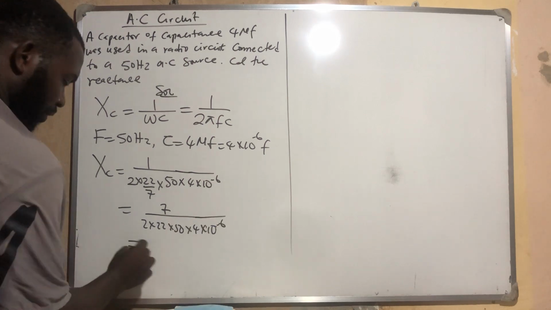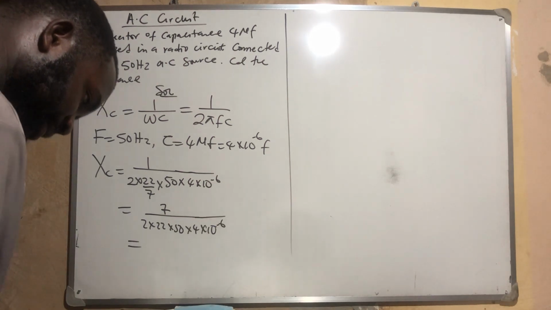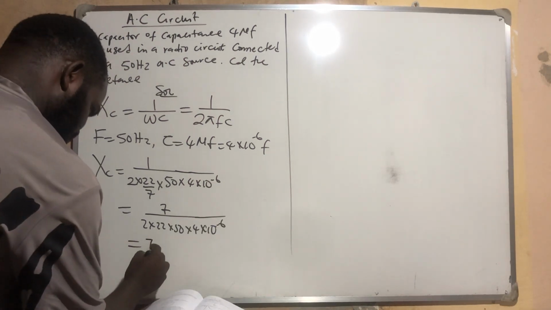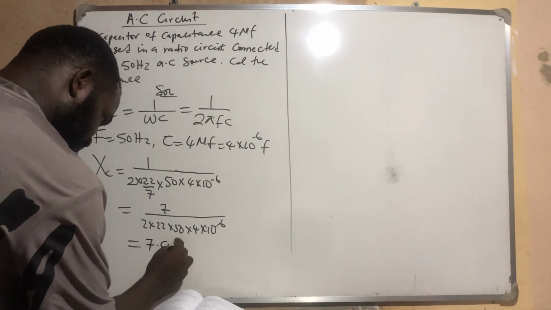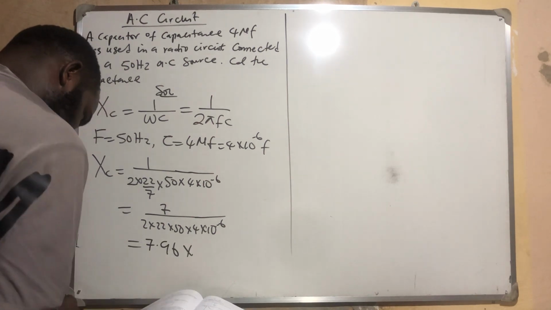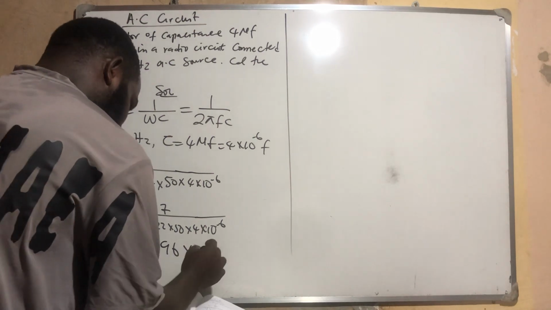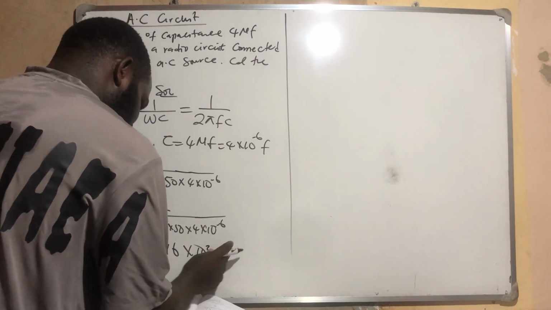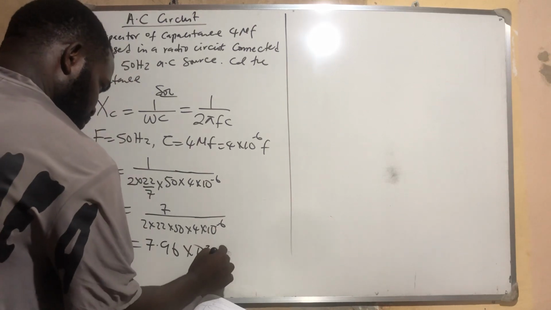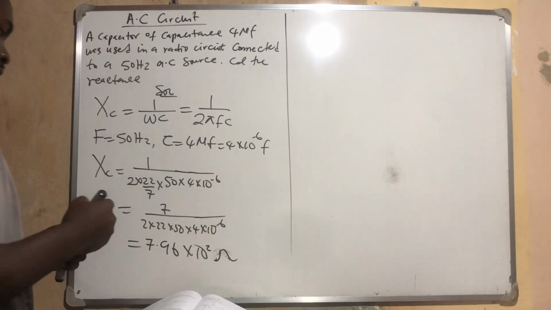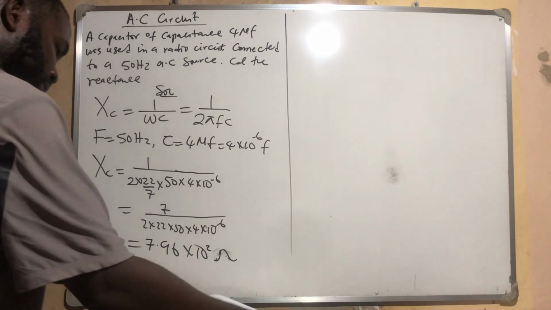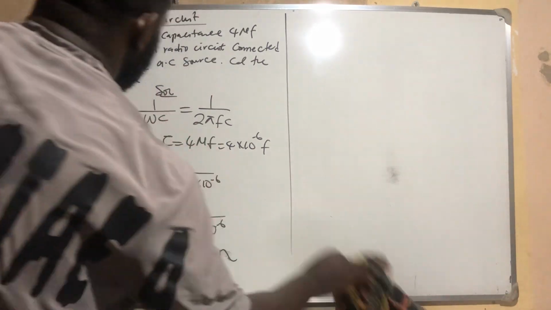If you do everything there, you will get 7.96 times 10 raised to the power 2 ohms. So that is that, very simple to calculate.